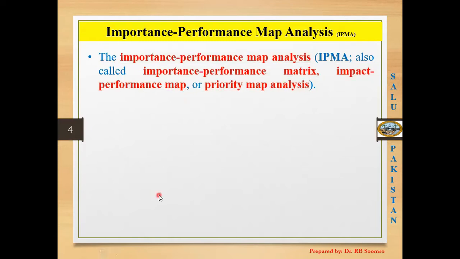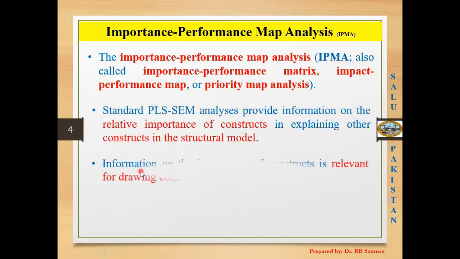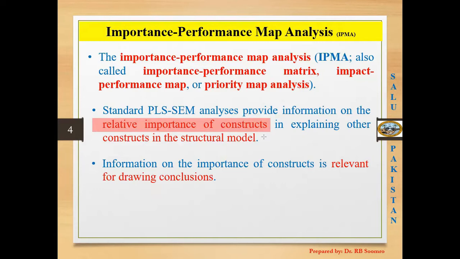And if we go ahead, here it is written that the standard PLS analysis provides information on the relative importance of the constructs. As we know, in our model there are different types of constructs. Some are dependent constructs, some are independent constructs, some are mediators.